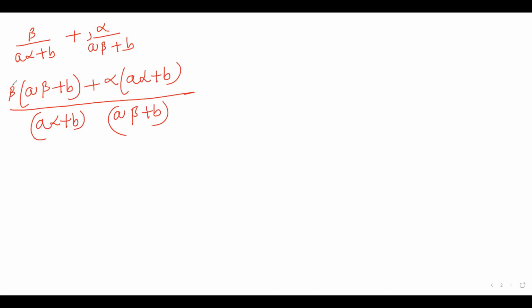Start multiplying. Beta into A beta is A beta square. Beta into B is B beta. Alpha into A alpha is A alpha square. Alpha into B is B alpha.